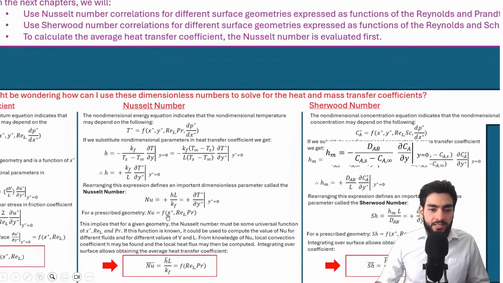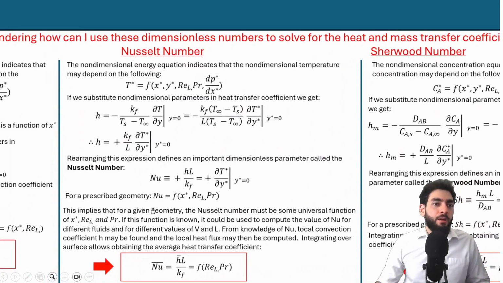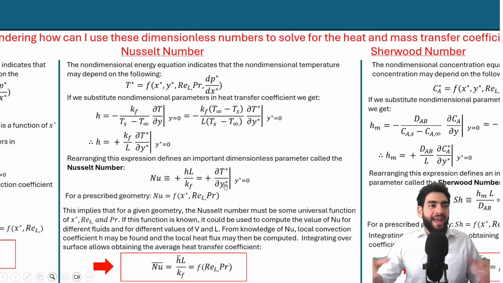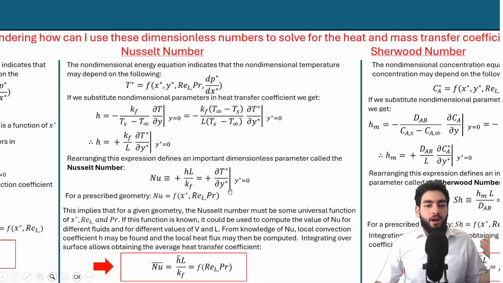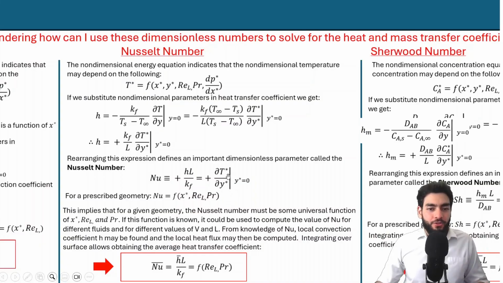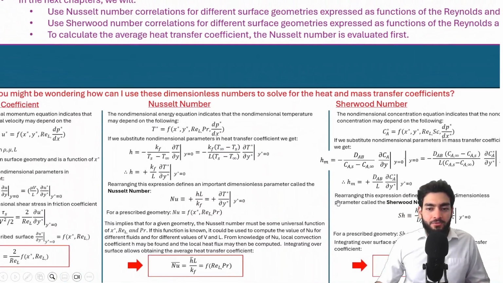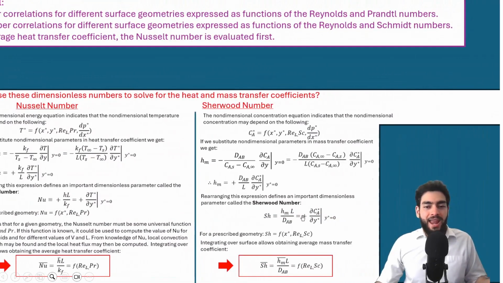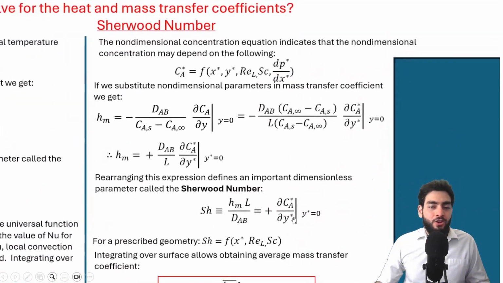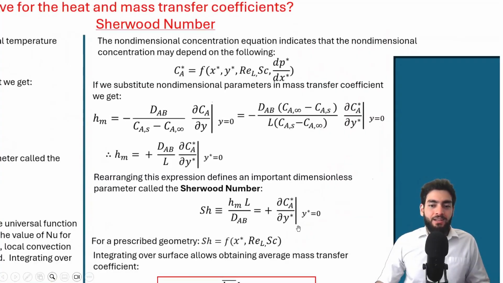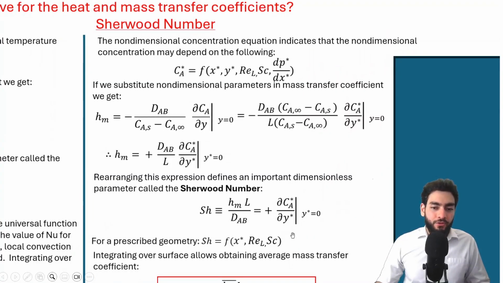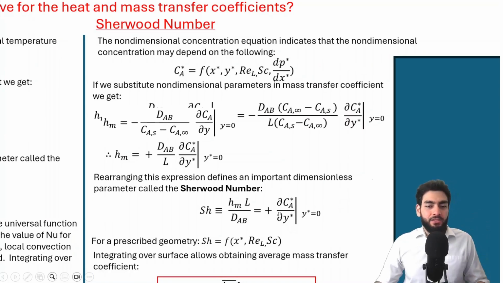Don't you see that the Nusselt number is defined as the non-dimensional temperature gradient at the surface with respect to the vertical axis, and in terms of concentration, the Sherwood number is defined as the non-dimensional concentration gradient with respect to the vertical axis evaluated at the surface?